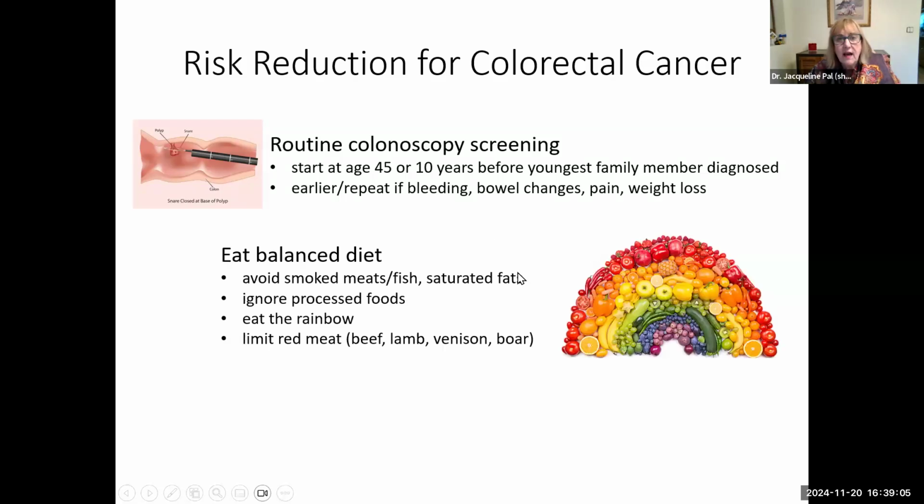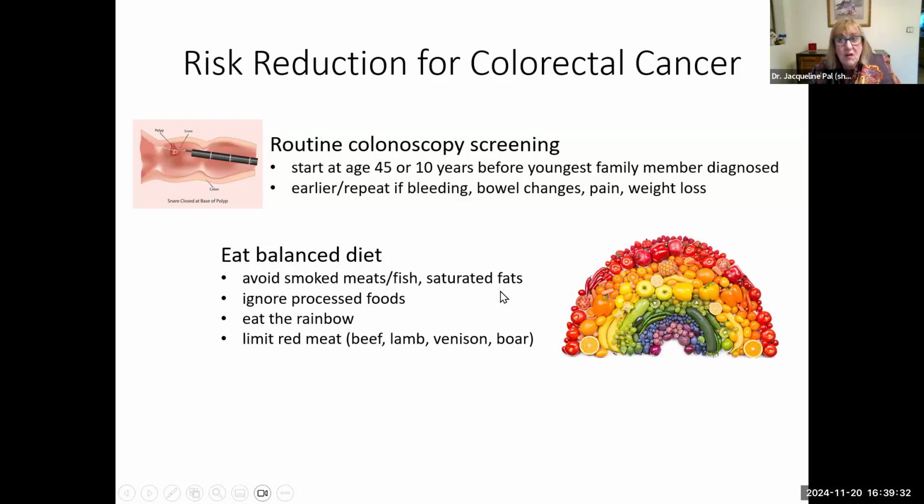Eat a balanced diet. By that, we say eat the rainbow, all the different colors of fruits and vegetables. Avoid any kind of smoked meat, any kind of smoked fish. Not so popular here in California, but in Asian countries there is smoked fish, and in the Midwest and southern parts of the United States, there are a lot of smoked meats.